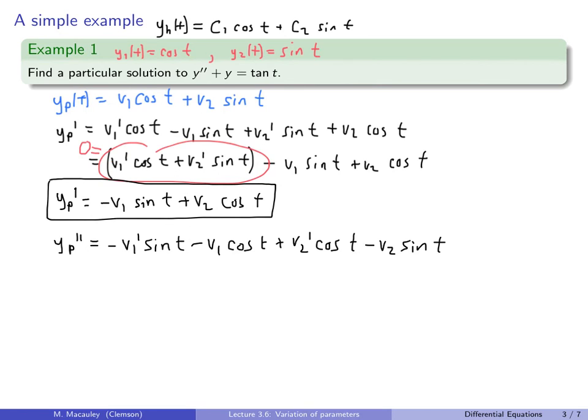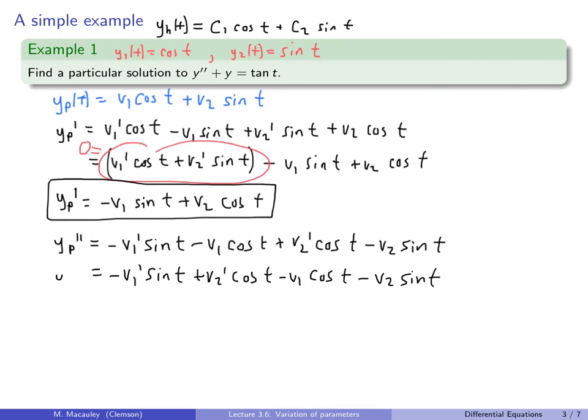Okay, now again I want to group these v primes together, so I'm going to write this, you'll see why shortly, as negative v1 prime sine of t plus v2 prime cosine of t minus v1 cosine of t minus v2 sine of t.